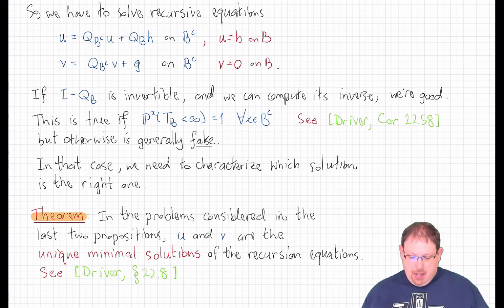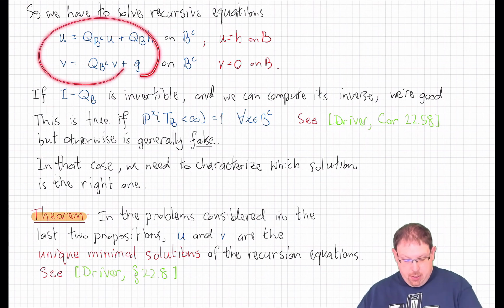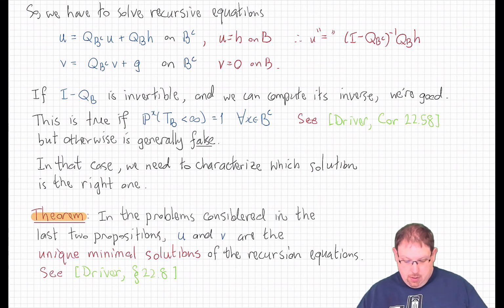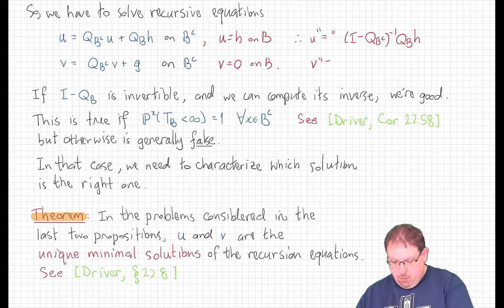Now, if we're being hand-wavy about this, we can solve these recursions like this. U will be I minus the operator Q B complement inverse applied to Q B H. And V will be equal to I minus Q B complement inverse applied to G on B complement.